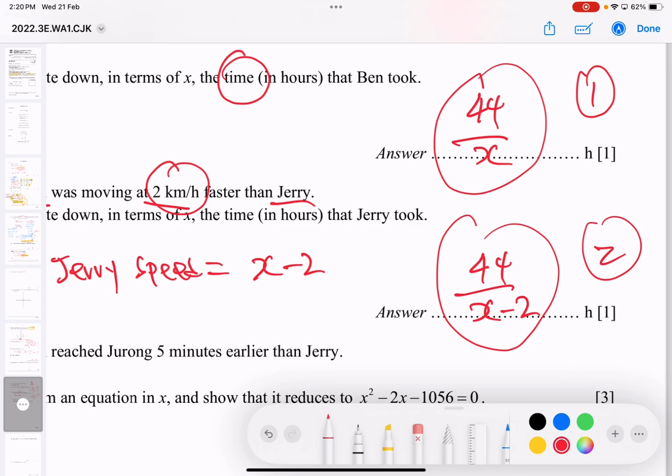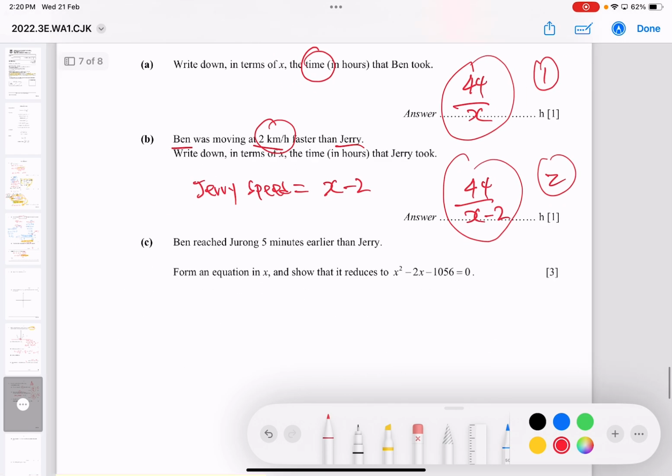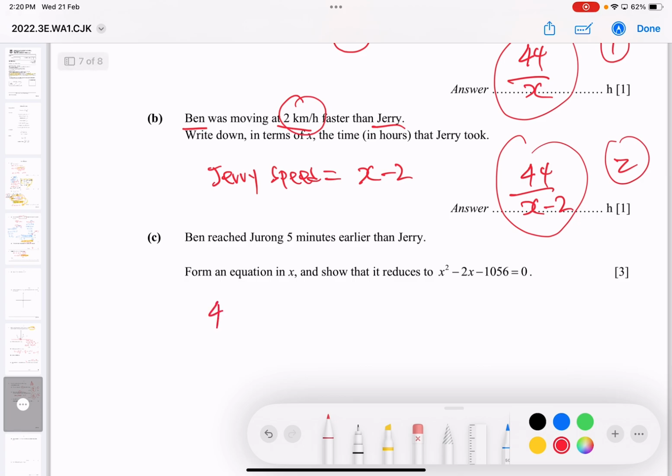Number 2. Why is number 2 larger? Whenever you divide by a lesser number, you get a larger number. It makes sense, right? If you have a fixed amount of money and you share with fewer people, each one will get more. So here, you know that it must be 44 over x minus 2, minus 44 over x.